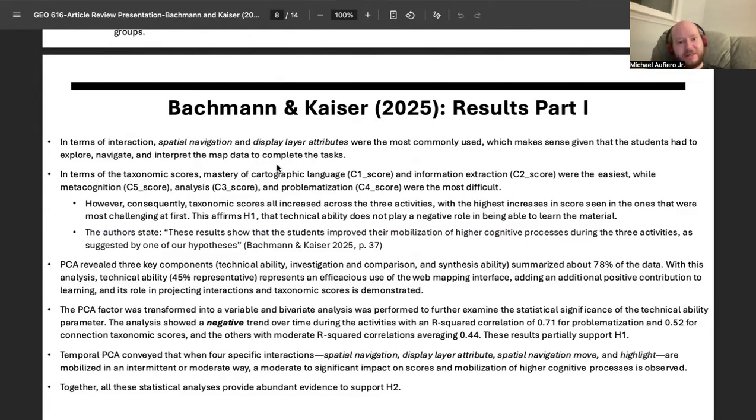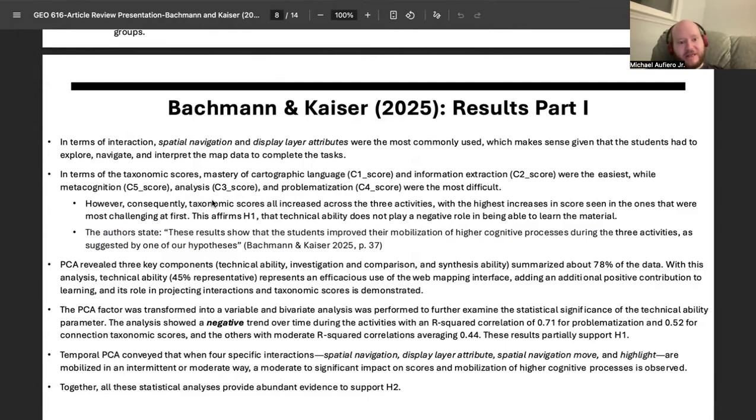In terms of the taxonomic scores, mastery of cartographic language, the C1 score, and information extraction, the C2 score, were the easiest, which actually makes sense given that spatial navigation and display layer attributes were the two highest interactions, especially the display layer attributes, while metacognition, analysis, and problematization were the most difficult.